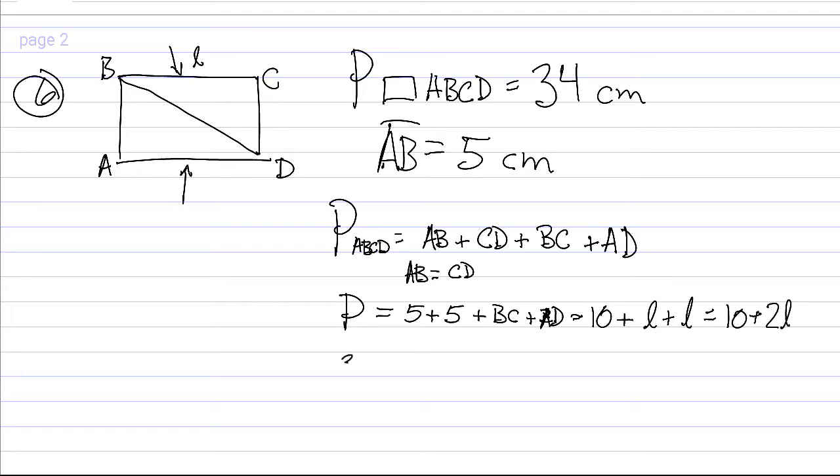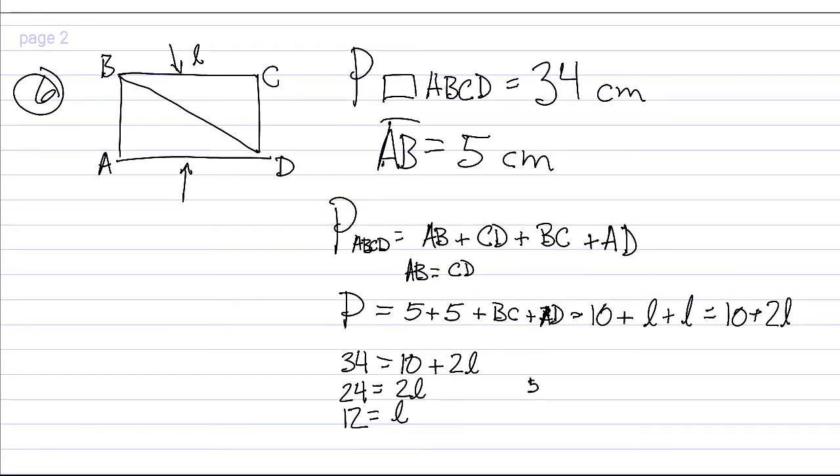So 34 equals 10 plus 2L. So we know that 24 equals 2L, and we know that 12 equals L. And we could go back and check our work and say 5 plus 5 plus 12 plus 12 equals 34.